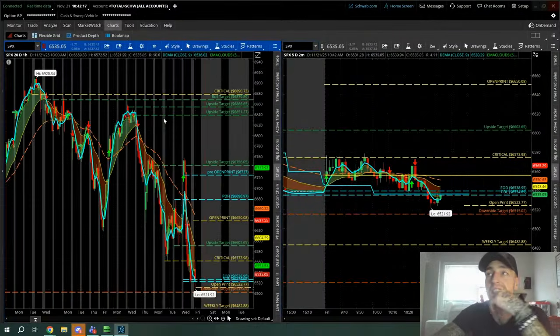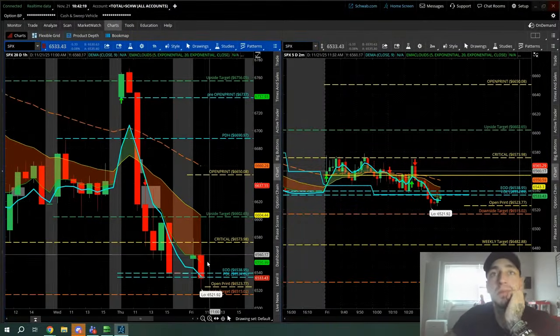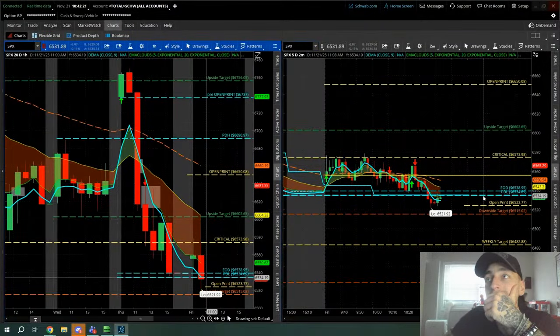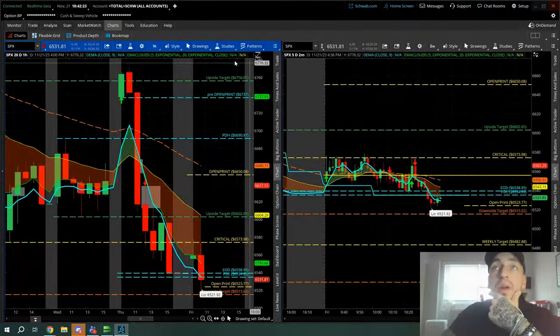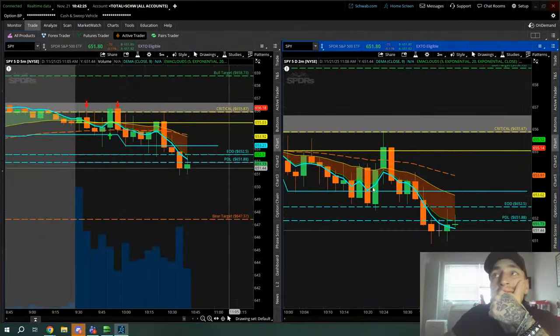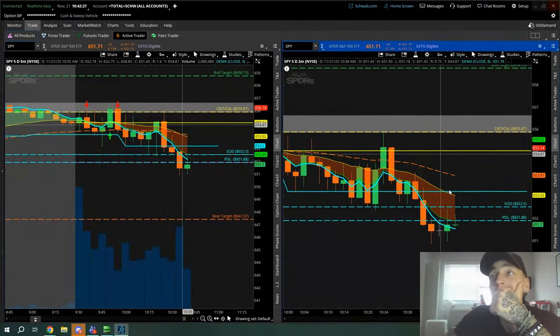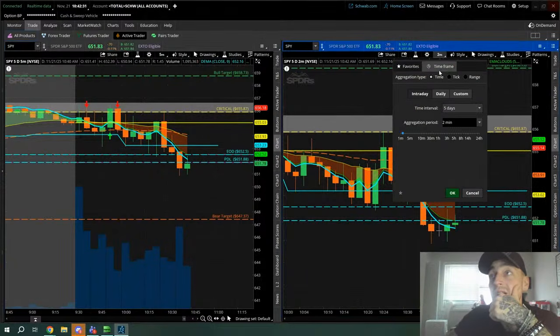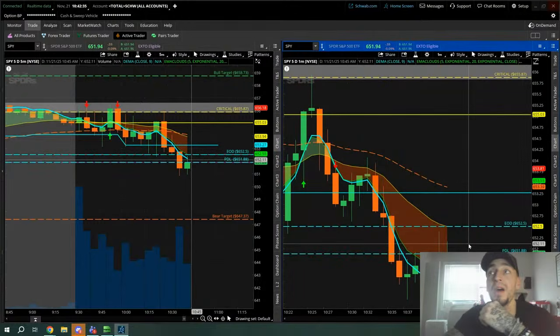Trying to figure out if I want to scalp this on SPX. It's just so far away from the 20. I bet you it's on the 1-minute 20. Just about.